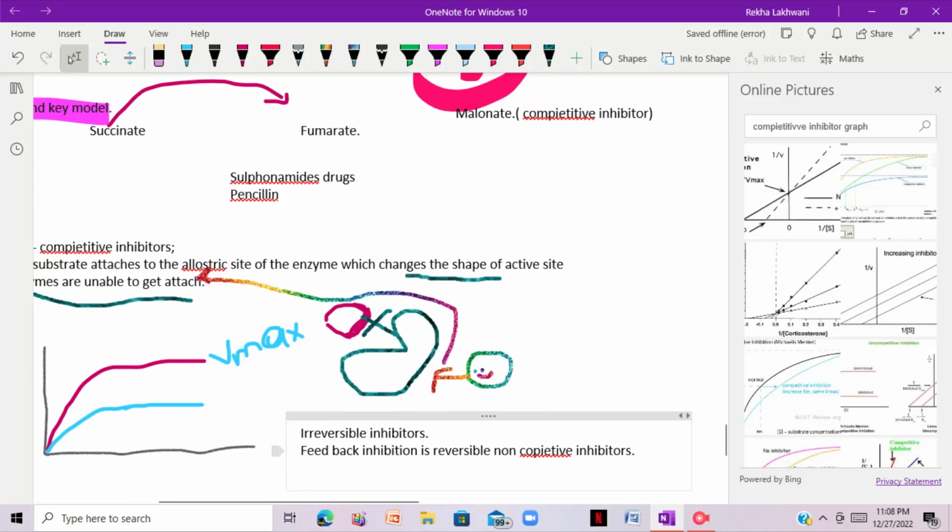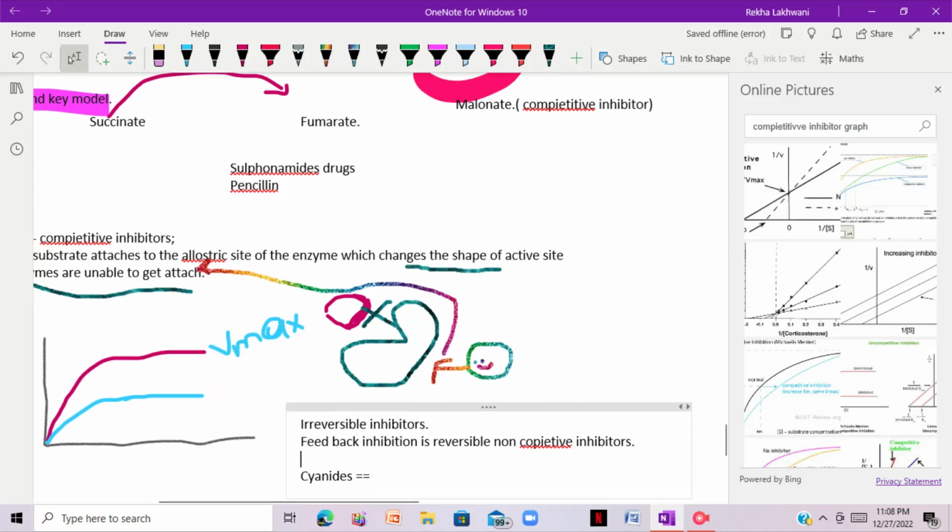Next, we have heavy metals. Heavy metals are, for example, Hg2+. There are many others, for example, manganese and copper.